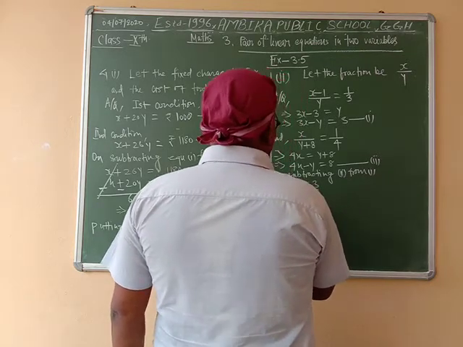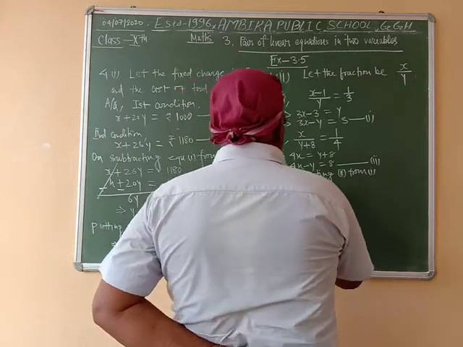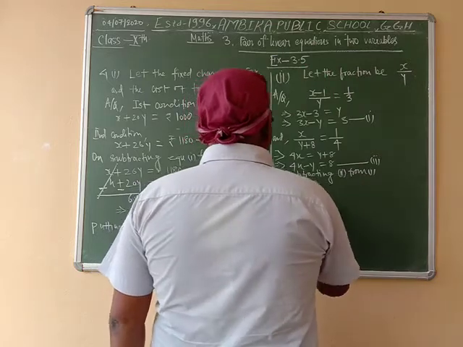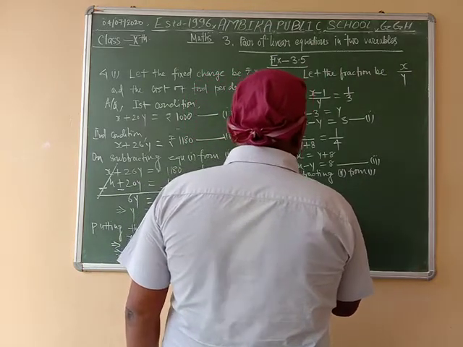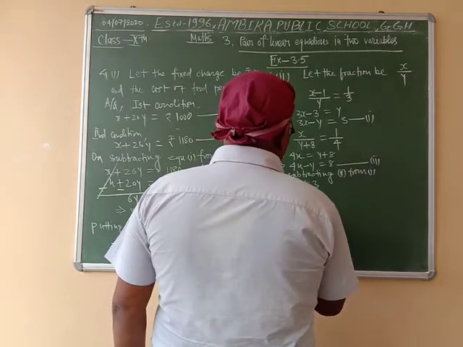On subtracting, y minus y will be cancelled, and 3x minus 4x is minus x, which is equal to minus 5, or x is equal to 5.